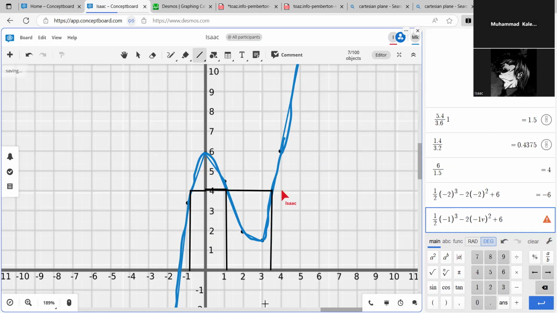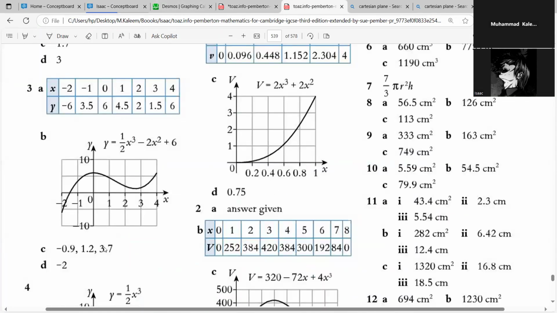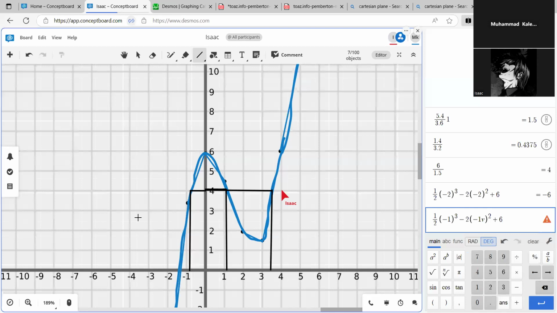It's 3.5. We got the same answer here. You can see the answer sheet. We are getting negative 0.9, 1.2, 3.7. We took approximate values: 1.1, negative 0.8, 3.5. That's approximately the same.